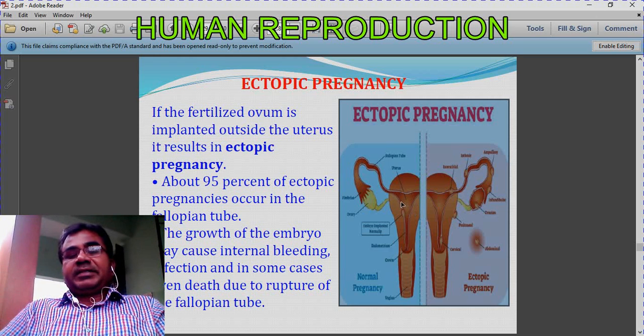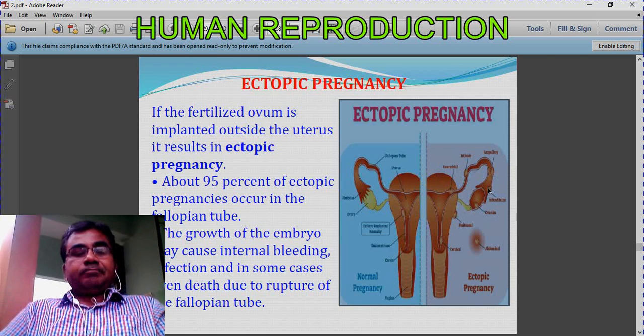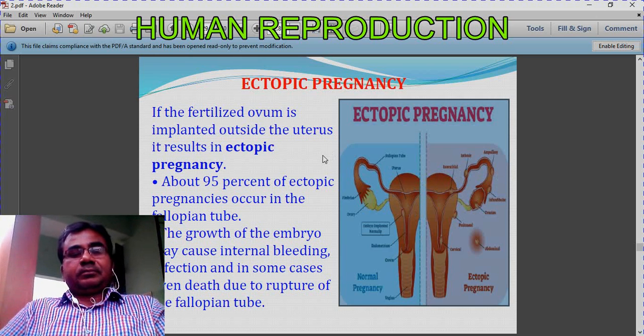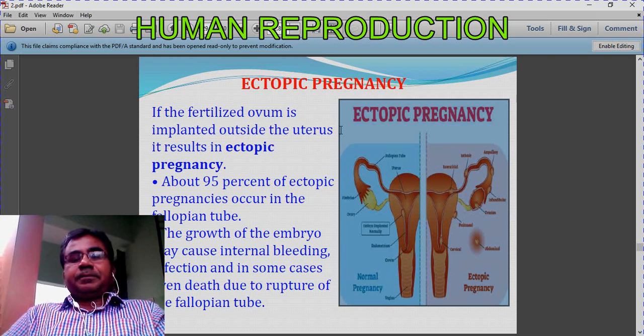If fertilization takes place outside the uterus, in the fallopian tube or in the infundibulum, that is ectopic pregnancy. That is abnormal. Normally pregnancy, in the sense implantation, must take place in the uterus. If implantation takes place other than in the uterus, then it is ectopic pregnancy.